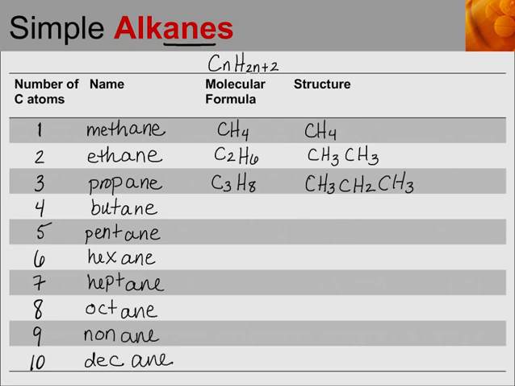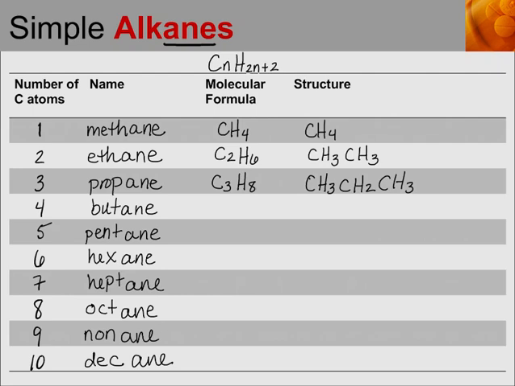So we've got butane, pentane, hexane, heptane, etc. And I would like you to memorize all of these names for the simple alkanes because it's going to make the rest of your journey through organic chemistry so much easier. So definitely memorize those. I'll also post flashcards to help you remember those names.